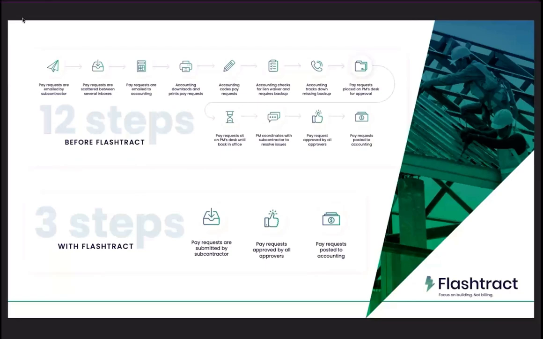And so before Flashtract, a lot of companies were sitting around a 12-step process that took multiple days at the end of the month. And then after implementing our solution, we're able to cut down a lot of those manual and paper-based processes, especially when we can tie in nicely into accounting, ERP, or project management software.